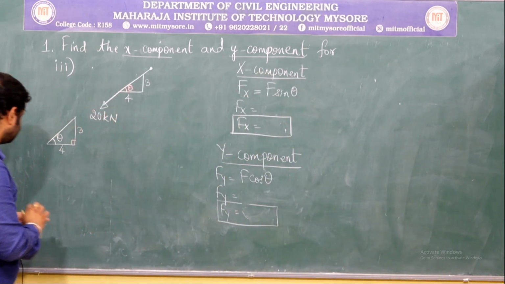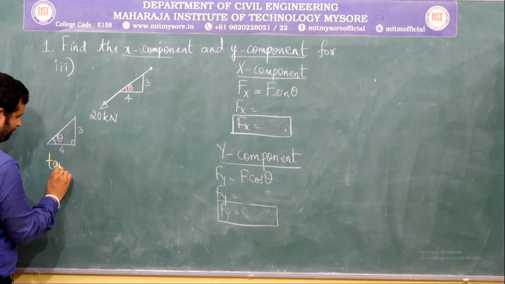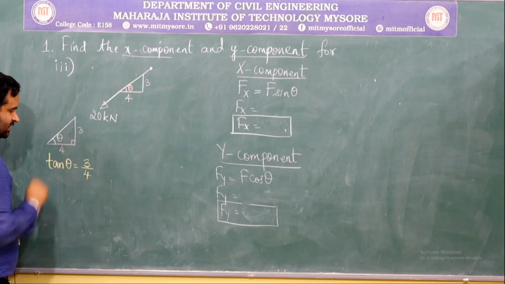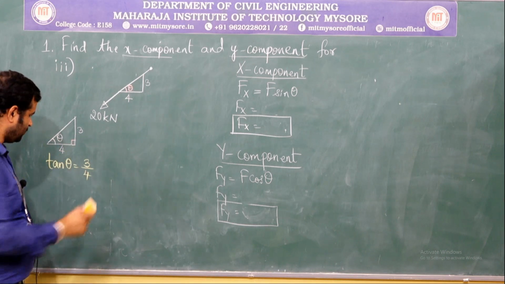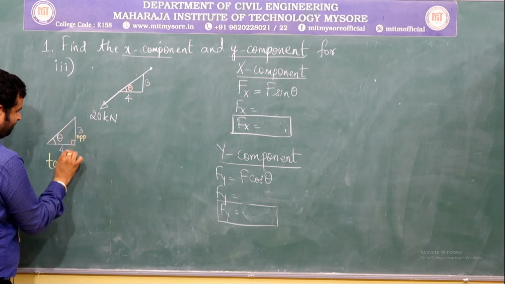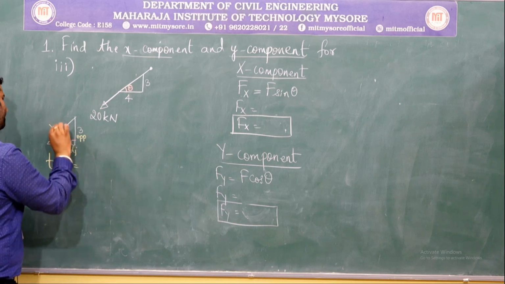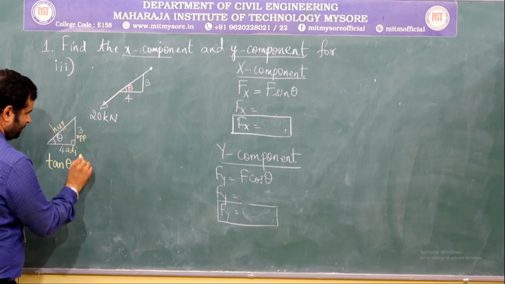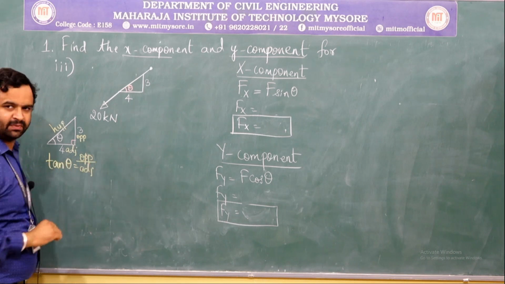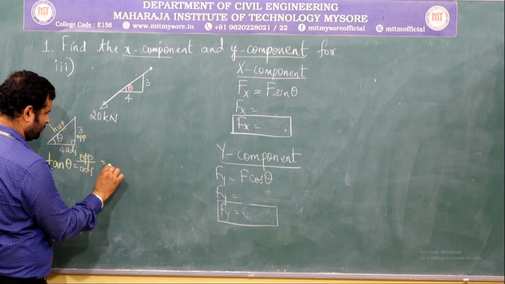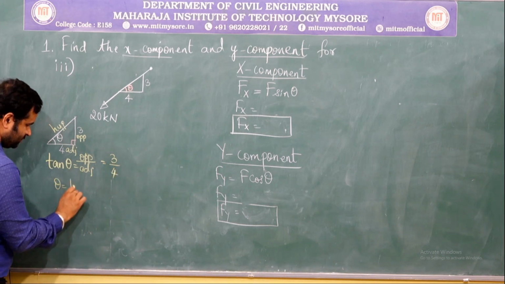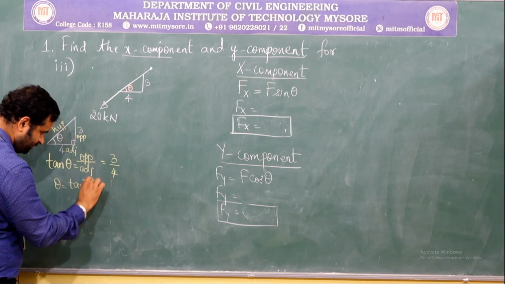So, tan theta is equal to opposite by adjacent, that is equal to 3 by 4, or theta is equal to tan inverse of 3 by 4.